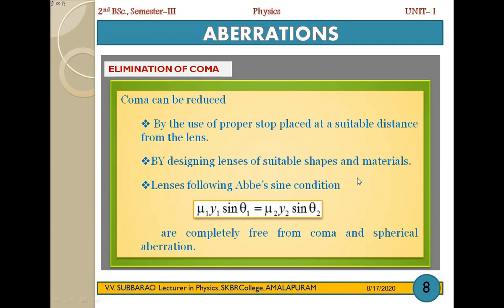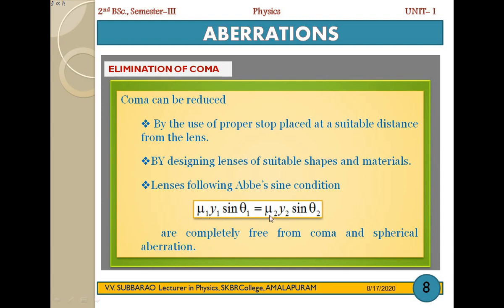There is another important condition that eliminates coma. It was mathematically derived by Abbe and it is popularly known as Abbe's sine condition. Mu1 y1 sin theta 1 equals mu2 y2 sin theta 2. This is called Abbe's sine condition, and if a lens system is designed to follow this condition, then the lens system effectively eliminates coma.